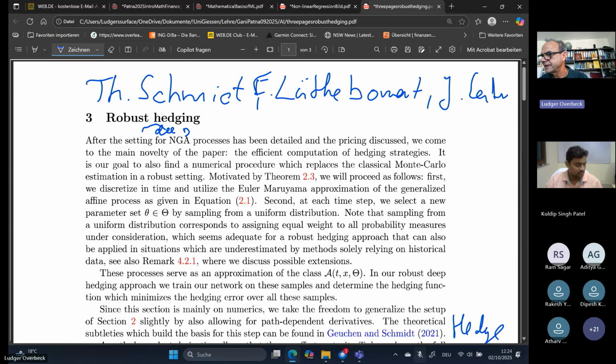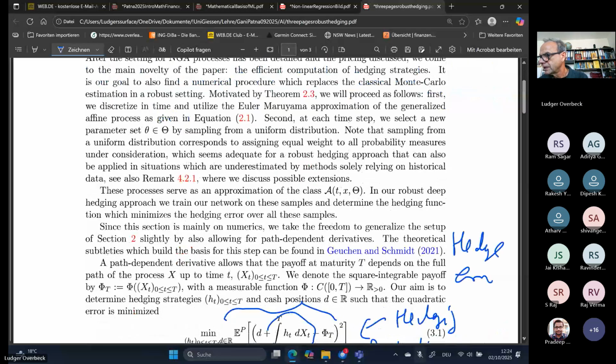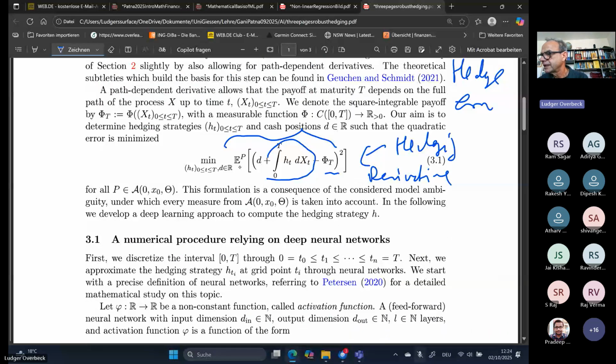And robust means you don't know the exact distribution. That's the hedging error if you know P, and then you want to minimize over P in a certain set. That's why it's called robust. It generalizes the approach.